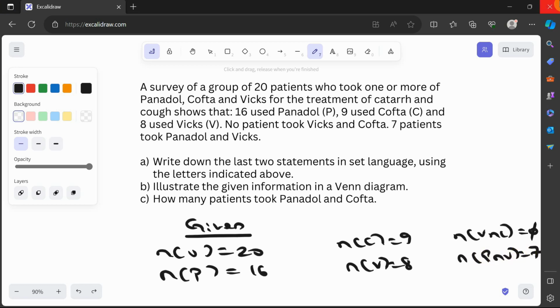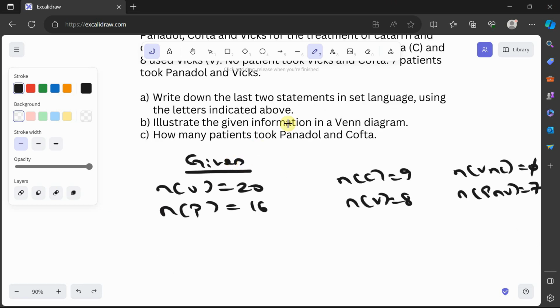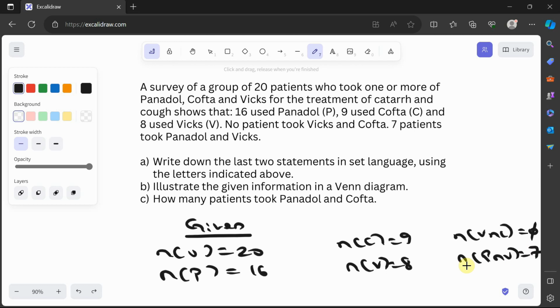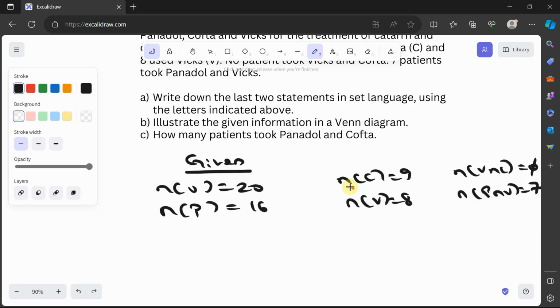It now says that we should write down the last 2 statements in set language. I think we've already done that, which is n of V intersection C as null, and then n of P intersection V as 7. So we're done with that. It now says illustrate the given information in a Venn diagram. You can see that the Venn diagram approach that we used for the previous one, where we had the common intersection, would not work here because the number of people that use Vicks and Kofta is null.